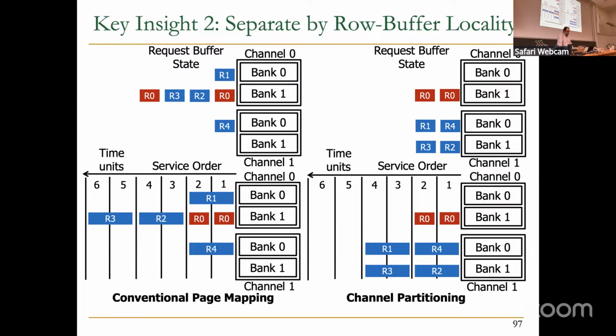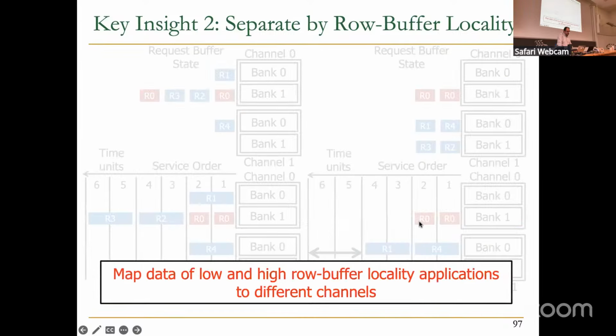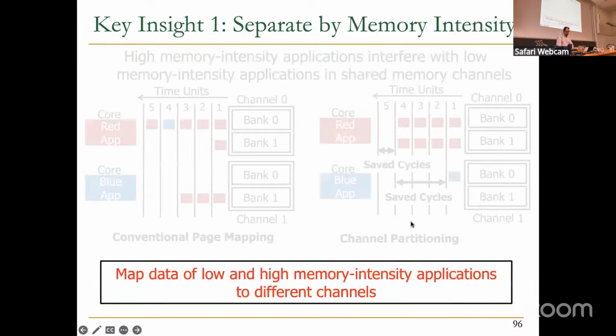So now row 0 is not open anymore. And as we get requests for row 0, we don't hit. Then we are going to experience more row conflicts, which is not good. So that's why, in order to reduce that interference, we try to have applications with relatively high row buffer hit rate in one channel.